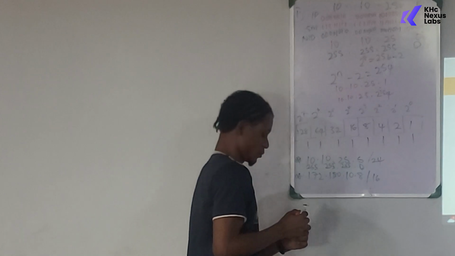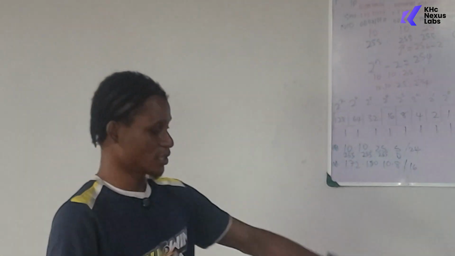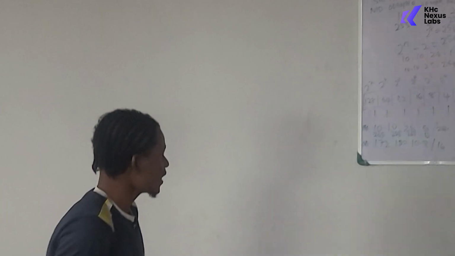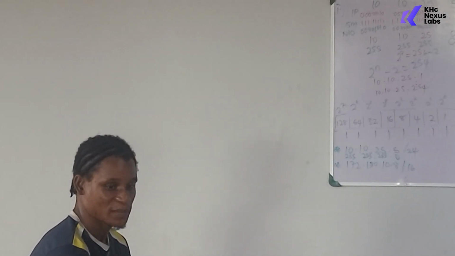And the last is 10.10.25.254. Right? So 255 is for what? Broadcast. .0 is for what? The network. Right? So this is basically solving for subnet, sharing those network IPs.